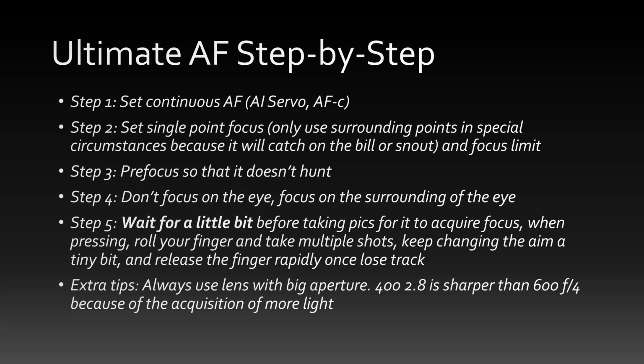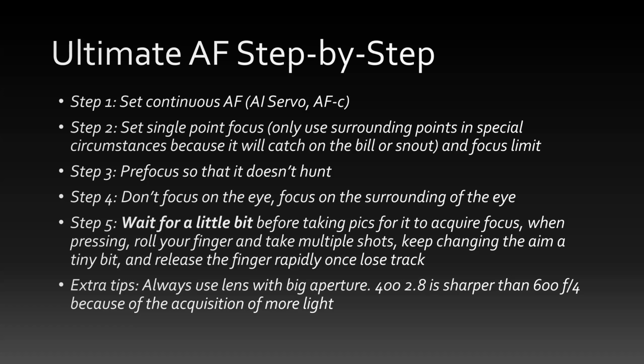The main reason is that the key for a camera to focus accurately is how much light you let in through the lens, right? A 400 2.8 lens has such a huge opening that it lets in double the amount of light of a 600 f4. With that much more light, the camera will be so happy, and it can focus super accurately and much faster.